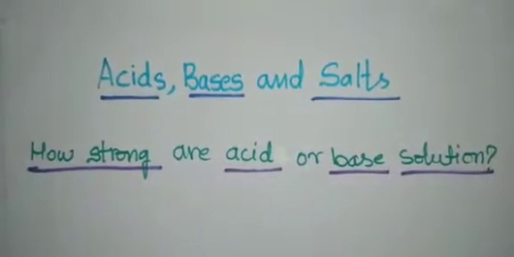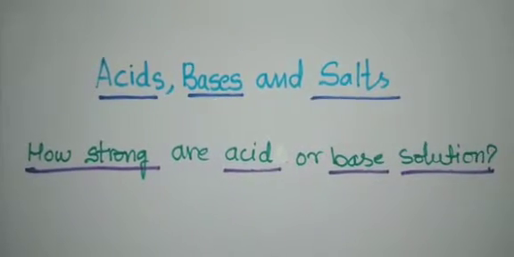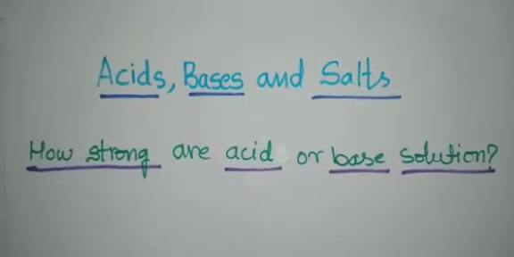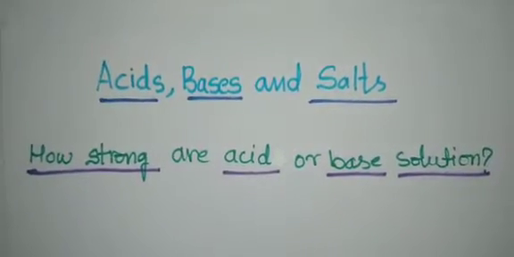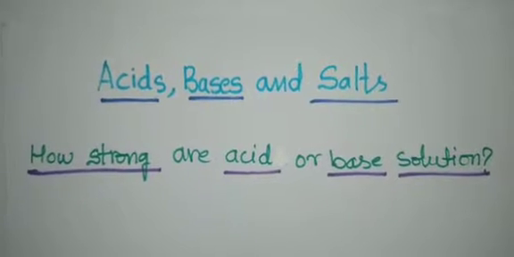We can do this by making use of a universal indicator. A universal indicator is a mixture of several indicators, and it shows different colors at different concentrations of hydrogen ions in a solution.